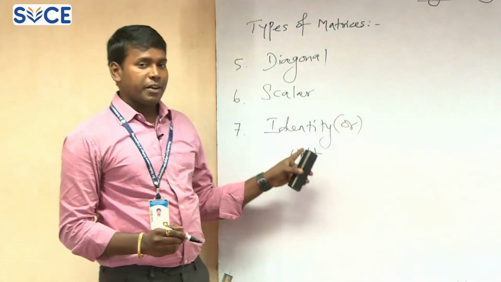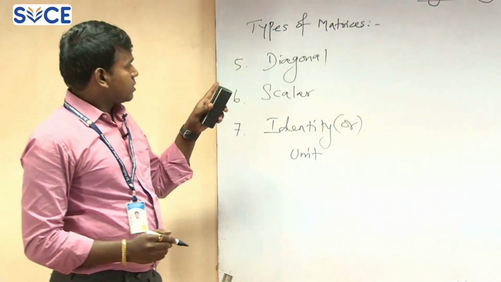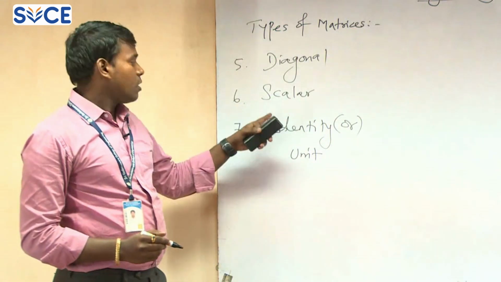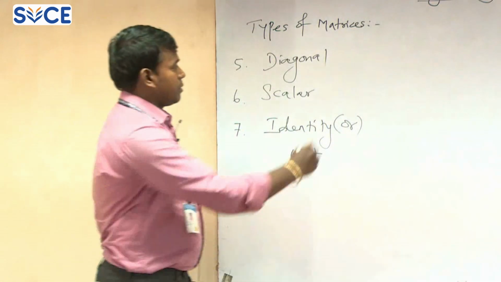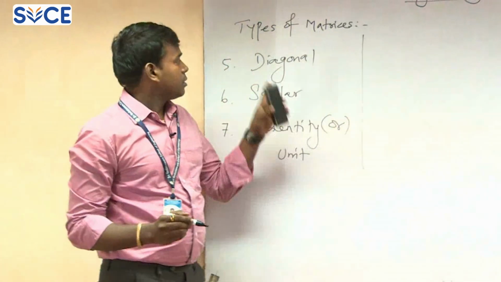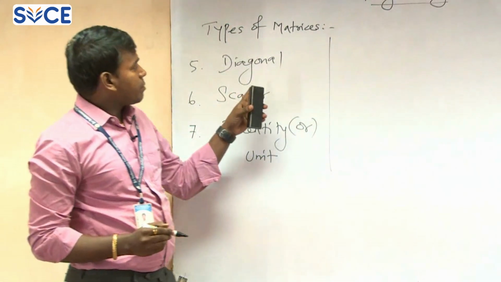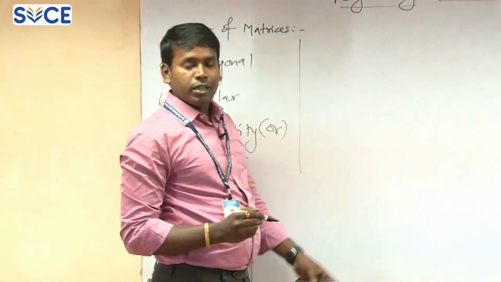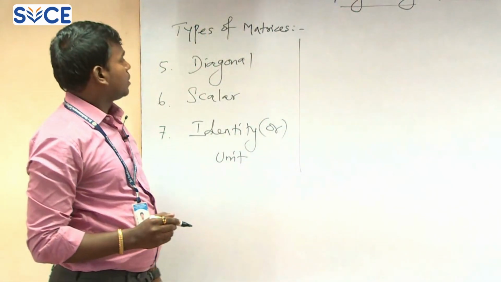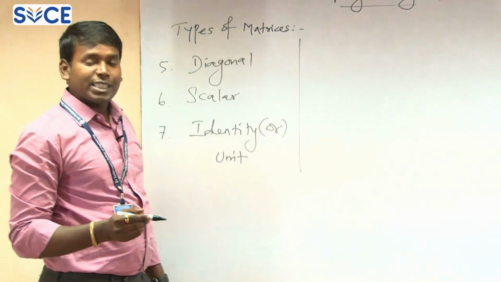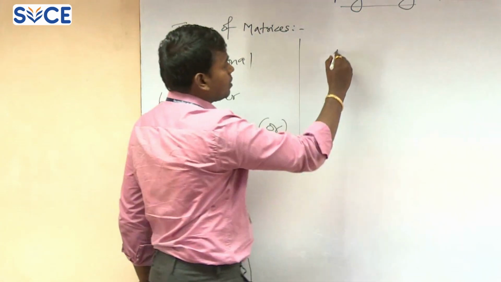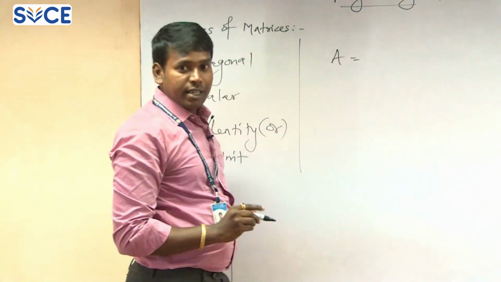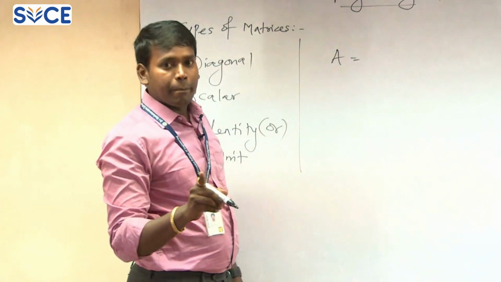For a matrix to be diagonal, scalar or identity, first it should be a square matrix. The definition for a diagonal matrix: a square matrix is said to be diagonal if all the elements except the elements in the main diagonal are 0.